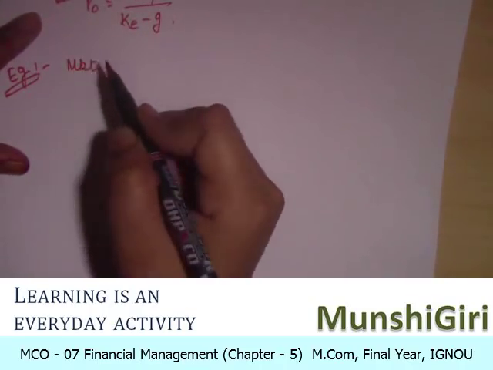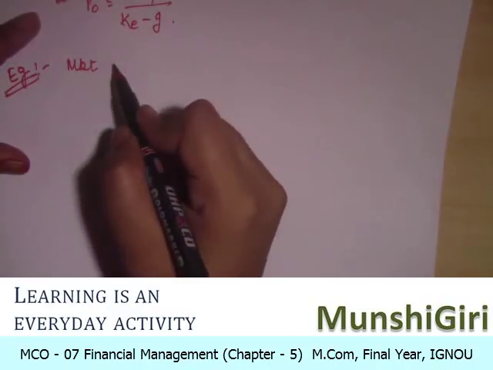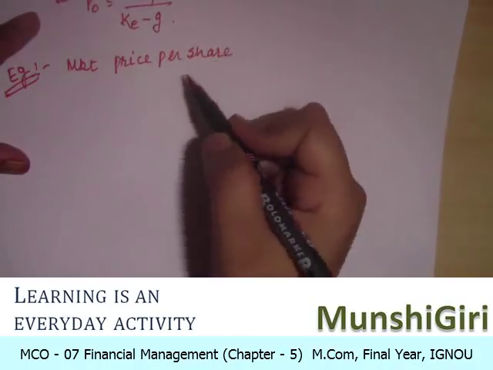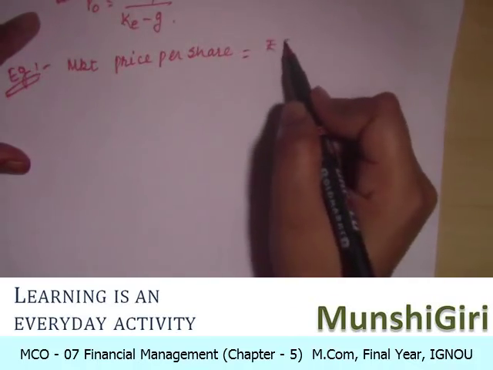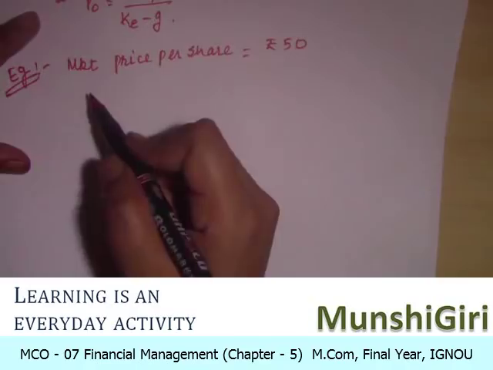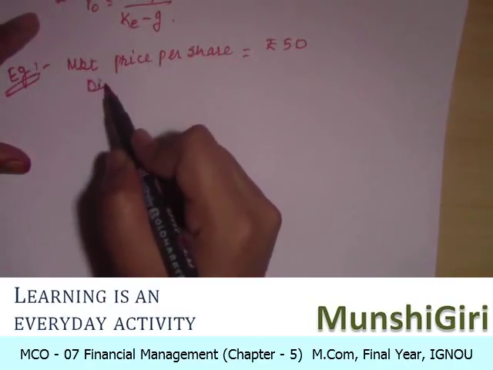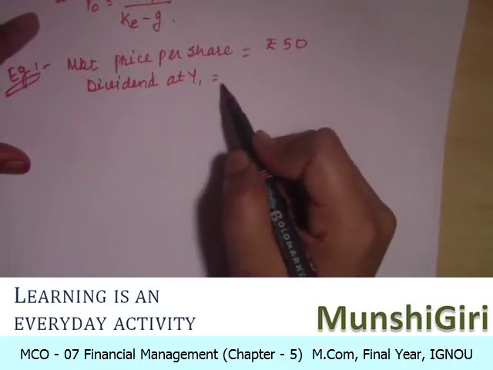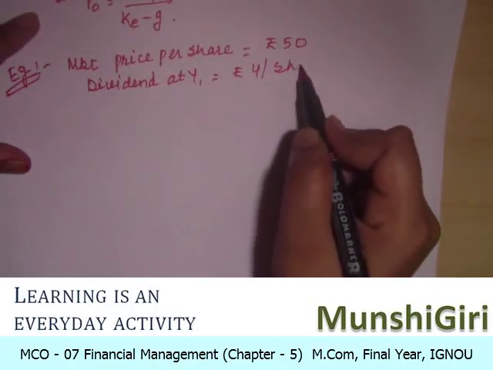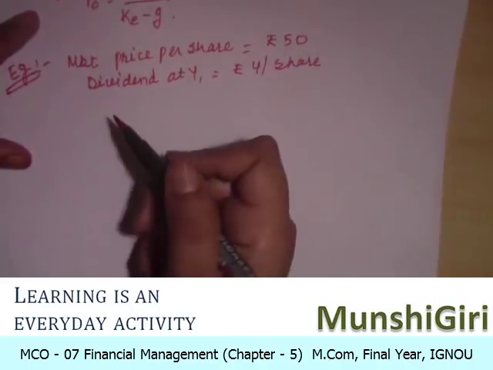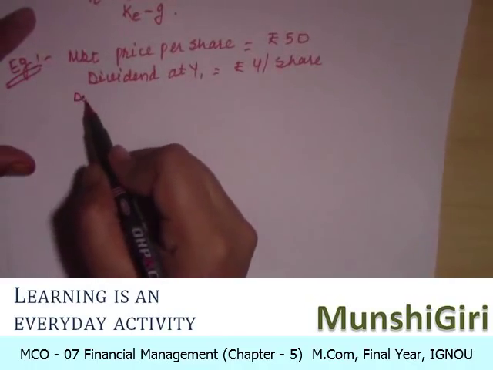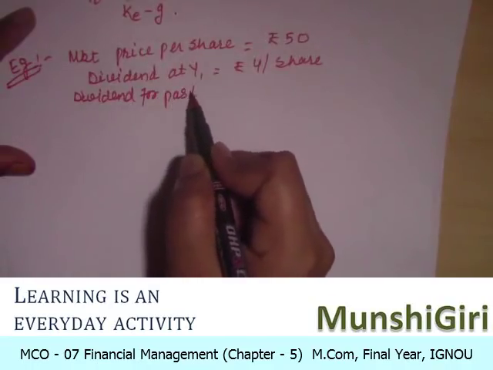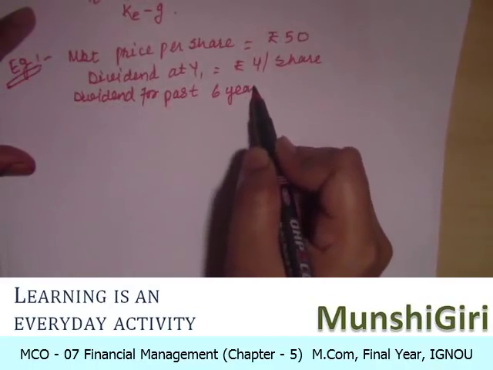Let's take up an example. Market price per share is equal to rupees 50. Dividend at Y1 is rupees 4 per share, and dividends for the past 6 years are also given to you.